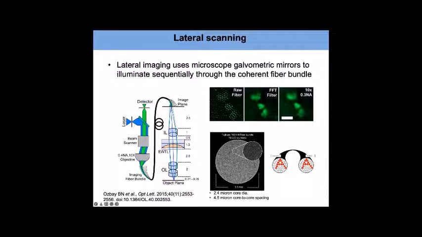And so what you see out of this system is this kind of pixelated image because we're imaging through the fiber bundle. But then applying some filters, you can actually get comparable images to a low NA objective.